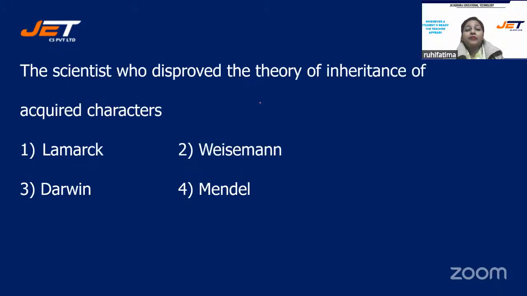Next question. The scientist who disproved the theory of inheritance of acquired characters. And your options are option number one, Lamarck, option number two, Weismann, option number three, Darwin, or option number four, Mendel?